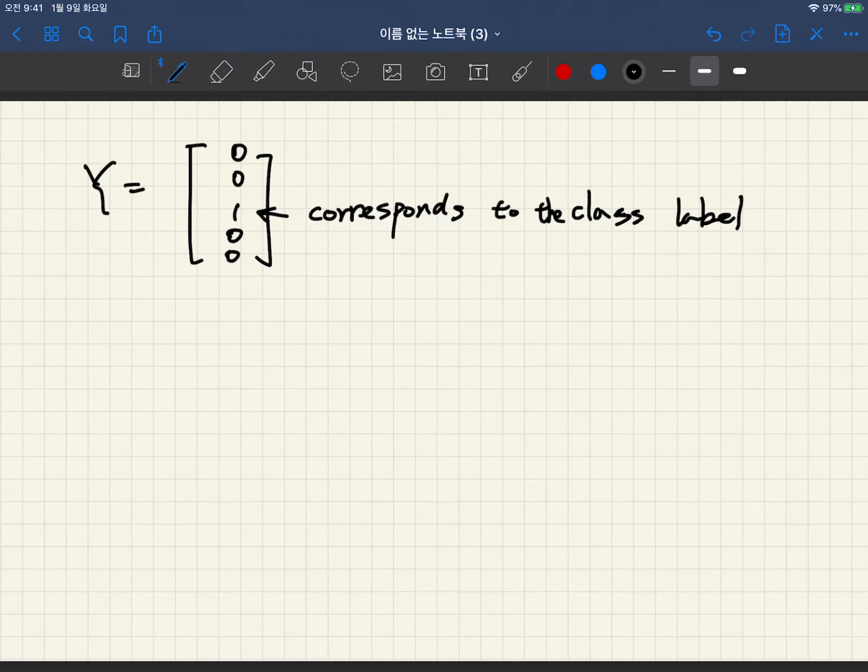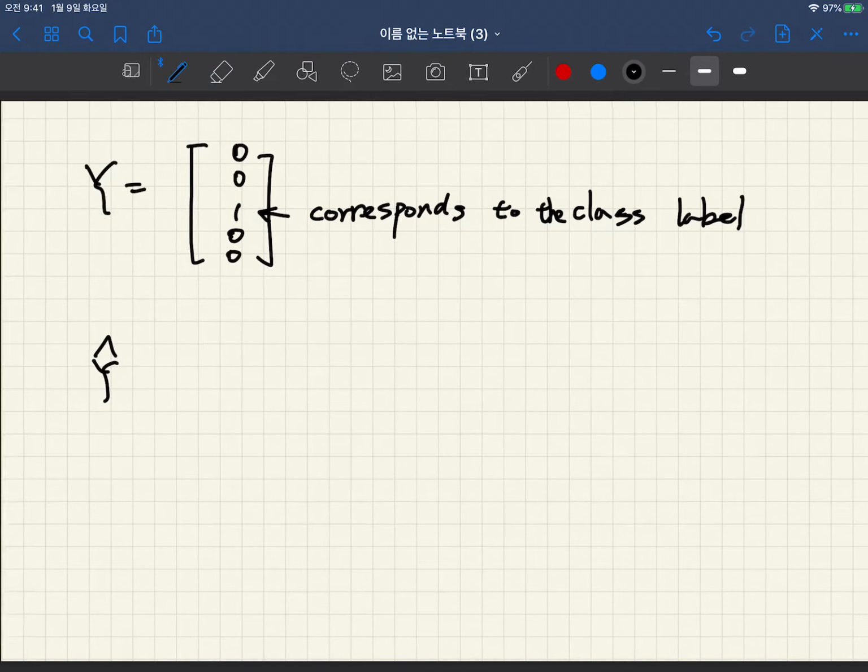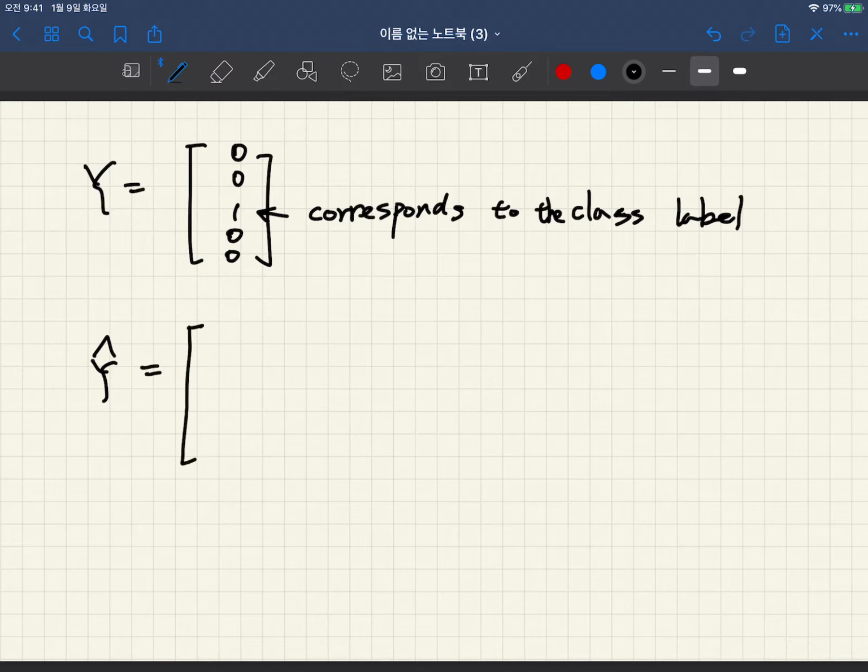For the classification task, we usually make the output estimation y hat using a vector of the same dimension. And in many cases, we use some probability vector to fit your output one-hot vector, like this.